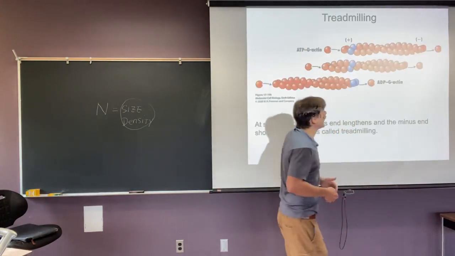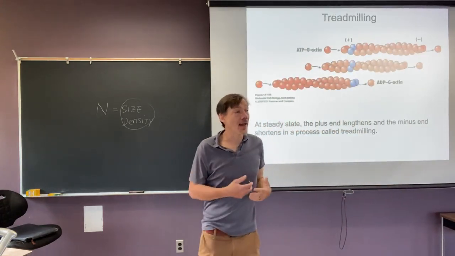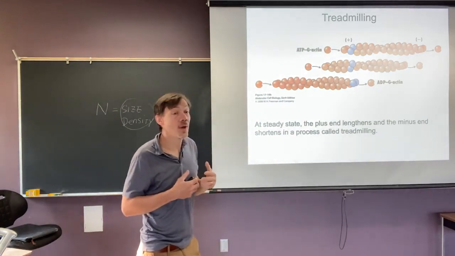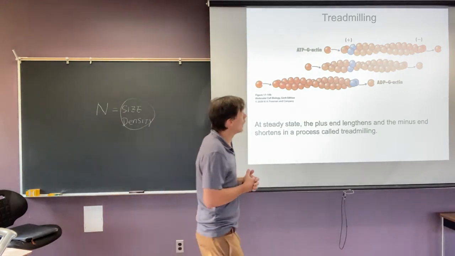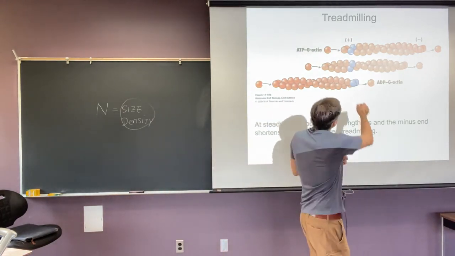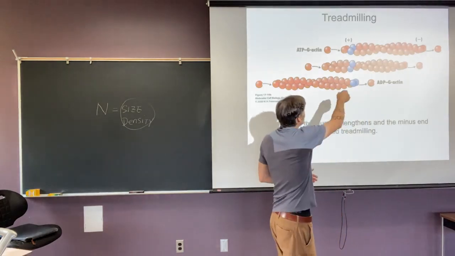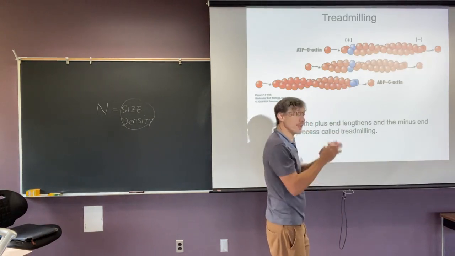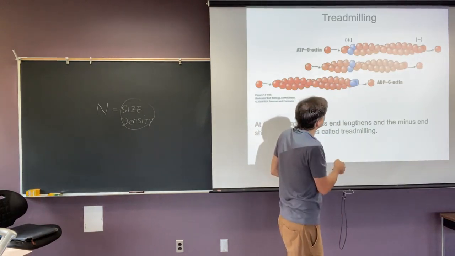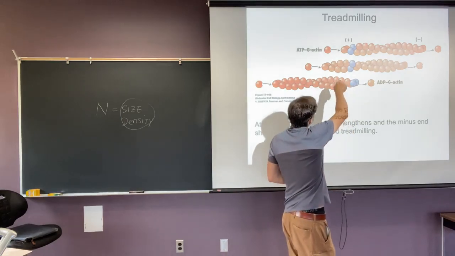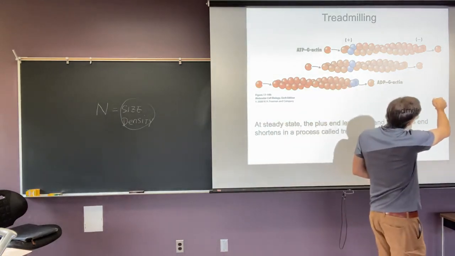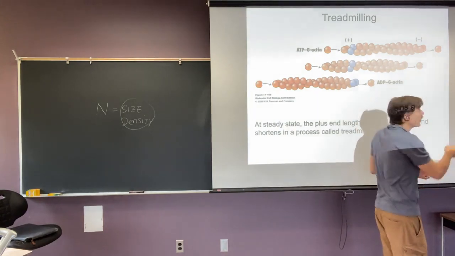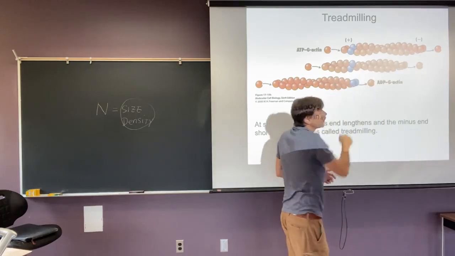So when you look at actin filaments in cells where the G-actin is at the critical concentration, treadmilling occurs. What that means is we have a little actin filament at the top, with the plus end over here and the minus end over here. Because the G-actin is at the right concentration, actin is going to disassemble from the minus end of the filament, and then there's going to be assembly on the plus end.